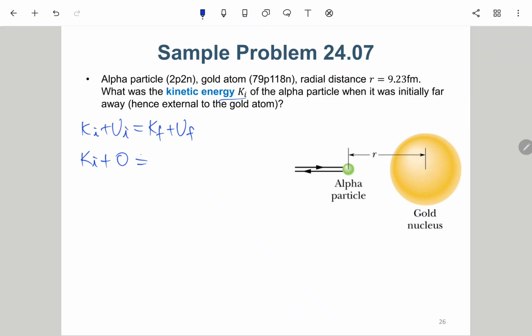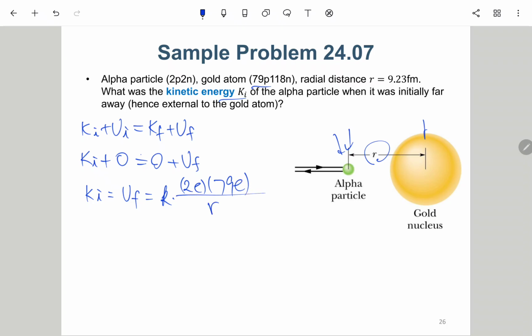Okay, so for the Kf, this is a momentary stop, so the kinetic energy, half of mv squared, is 0, and then Uf we will be able to find, because we know the distance, we know the charge, so we will be able to find Ki to be Uf, which is k times 2e times 79e over this r, like this.